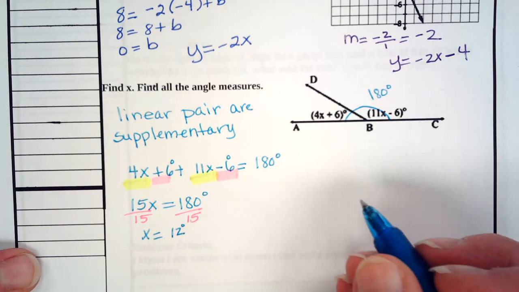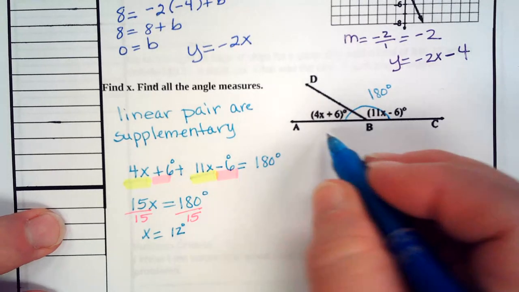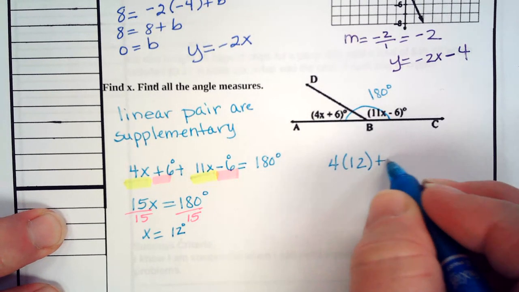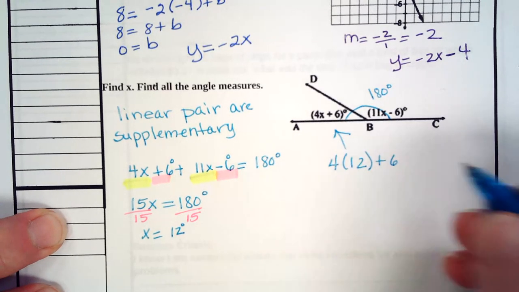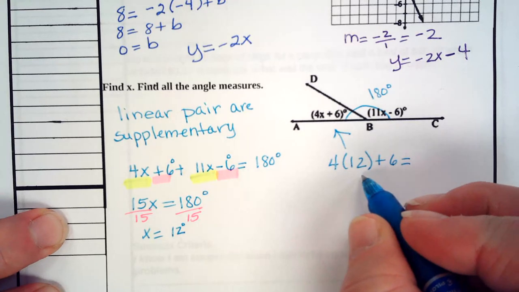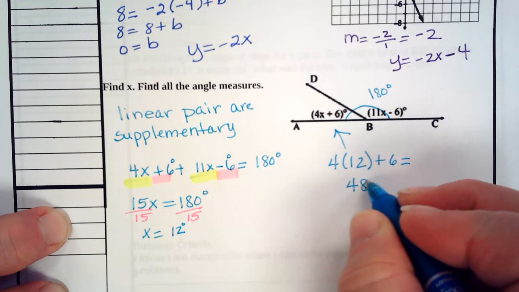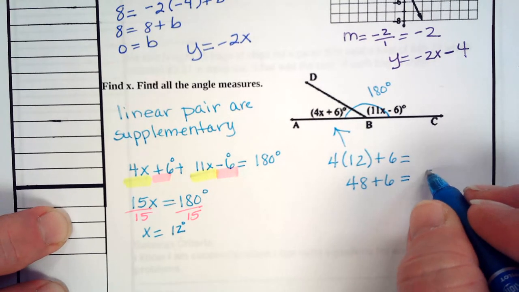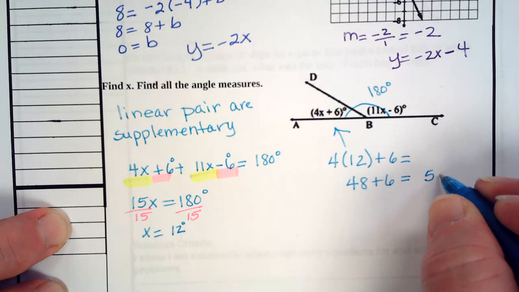And it'll be 12 degrees. Okay, how do I find one of the two? I substitute in. 4 times 12 plus 6. I'm using this one. 4 times 12, that's 48 plus 6. 48 plus 6 is 54 degrees.